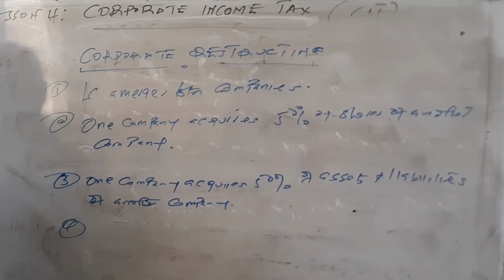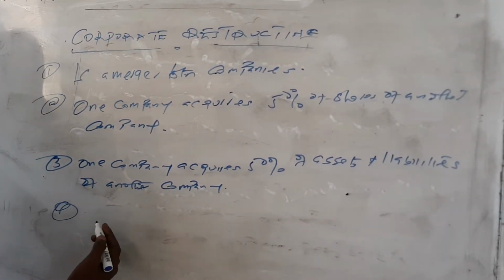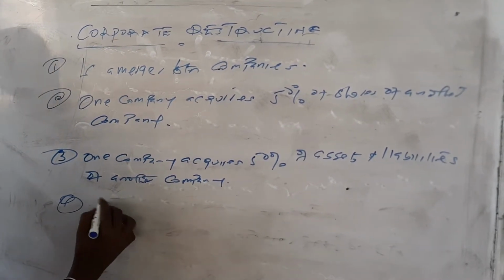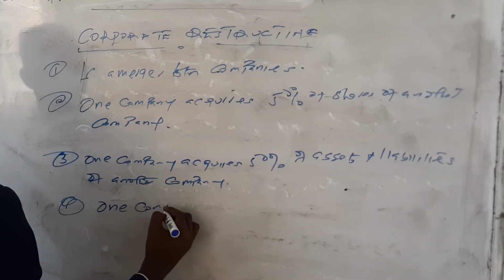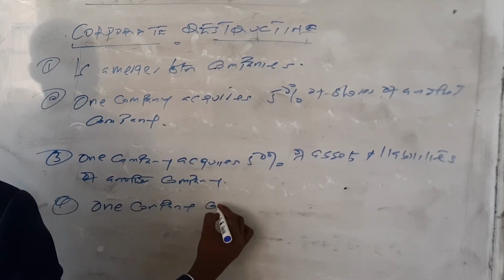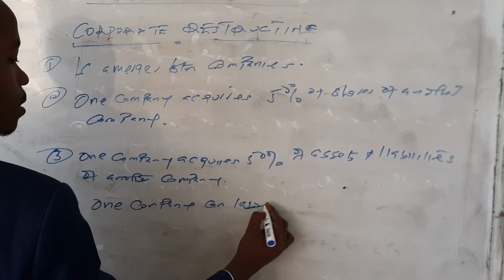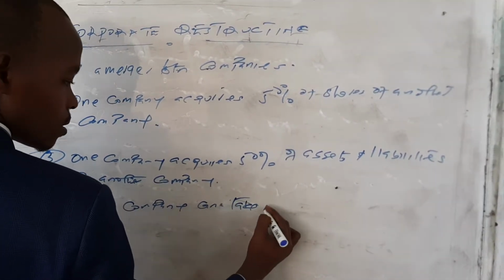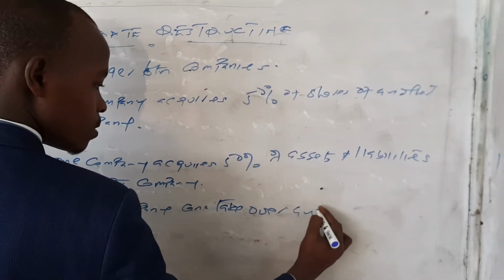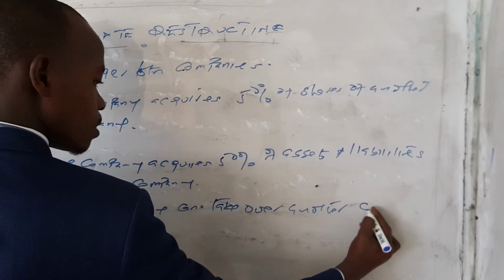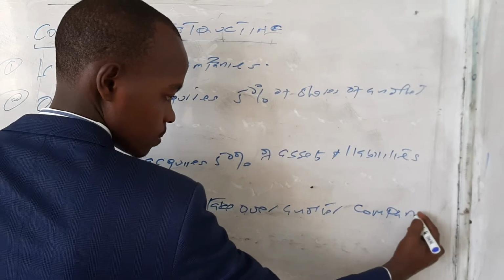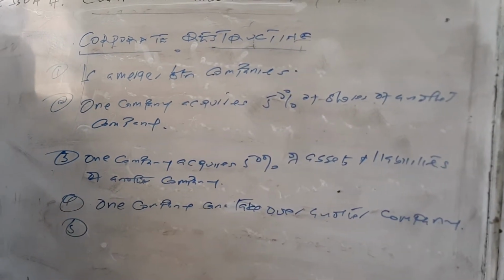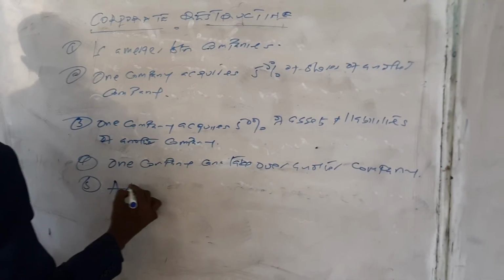Number four can be, again, one company can take over another company. Another point can also be a resident company.